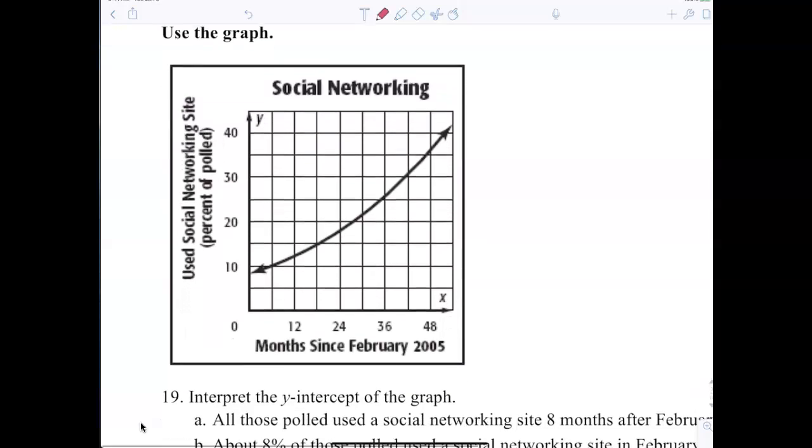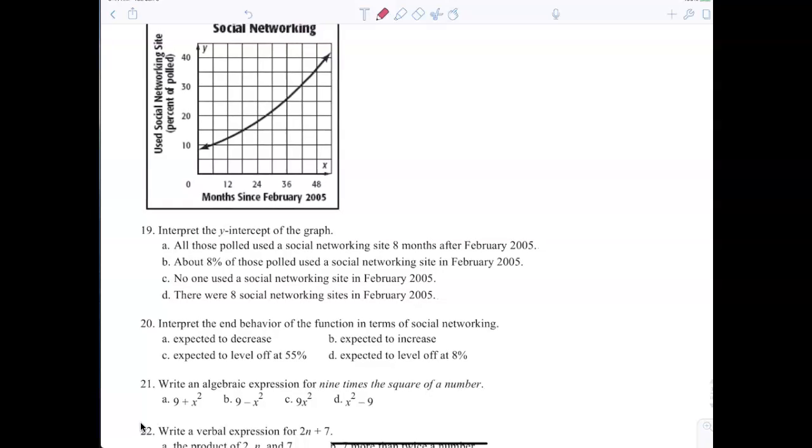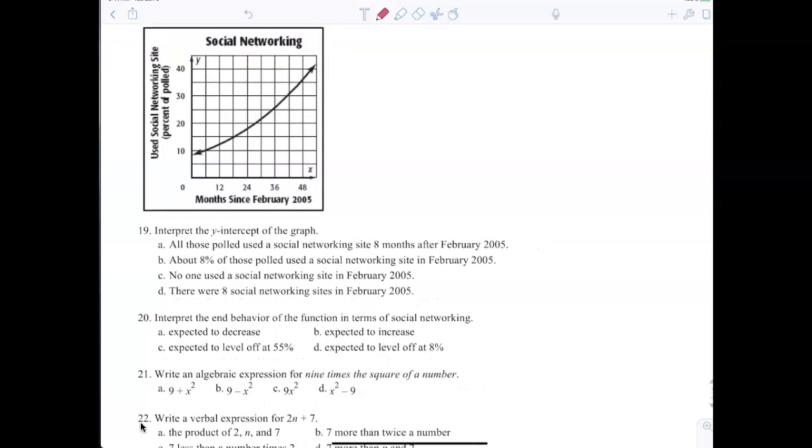All right. Here we go with number 19. What is the y-intercept? All right, so let's circle it. Here is the y-intercept. All right, the y-intercept is the y value when the x value is 0.